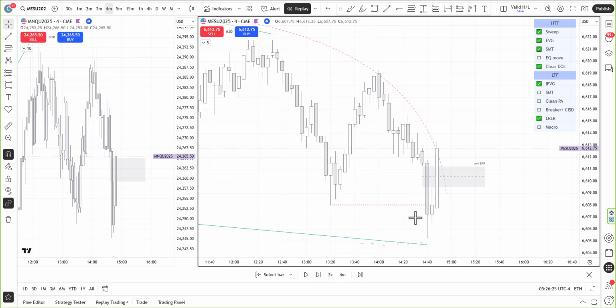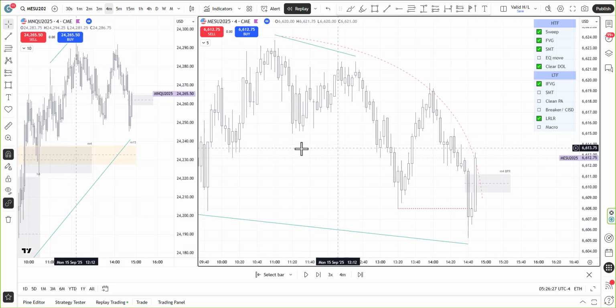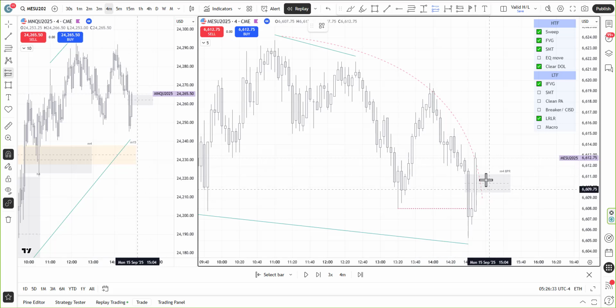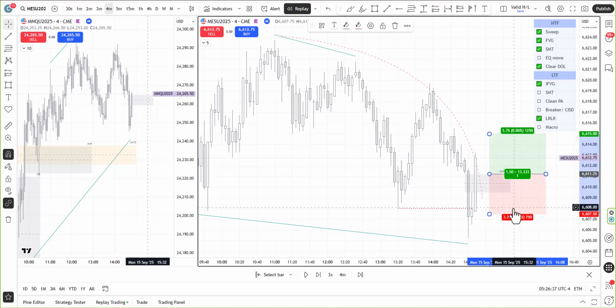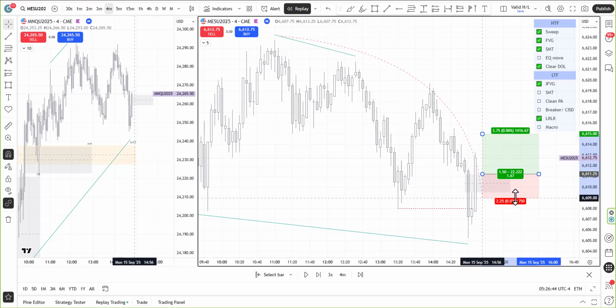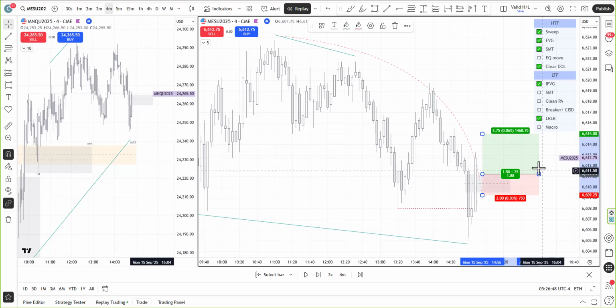So what do we have next? The idea is now that we have high probability that we can rely that this BPR will hold. I do not chase moves, so I do not enter on a close or an open after the gap has been broken, but I trade the retest.